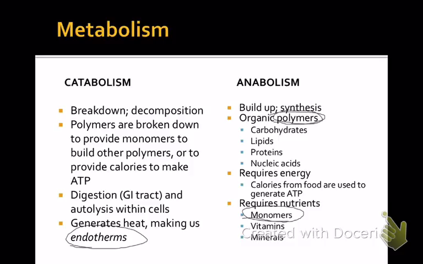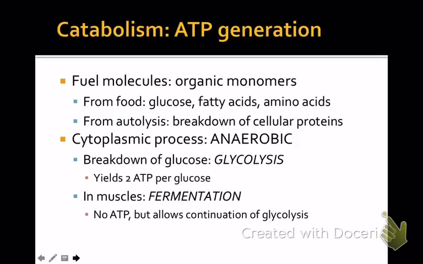And a cofactor for an enzyme is a non-protein substance that's needed for that enzyme to do its work. Okay? So that's our overview of anabolism and catabolism. We're going to look very quickly at some terms here, and if it's in all caps or bold print, then you need to at least know the definition of the term.